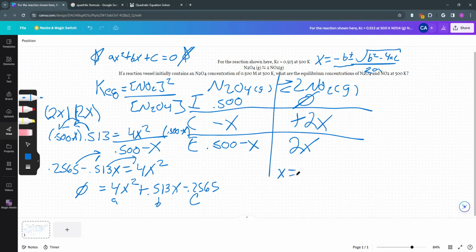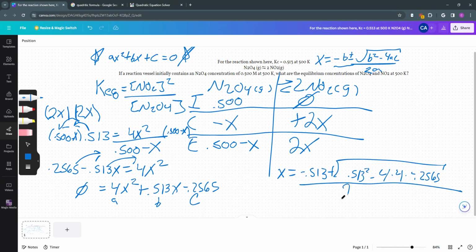So x equals negative b, so negative 0.513. Let's do the addition one first. And that's going to be the square root of b squared, so 0.513 squared minus 4 times a times c, which is negative 0.2565.